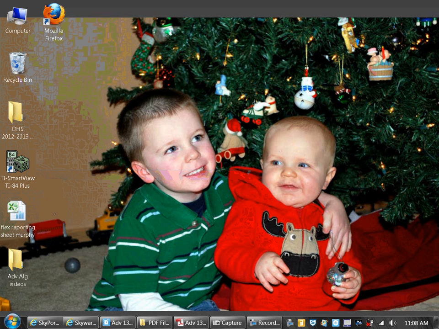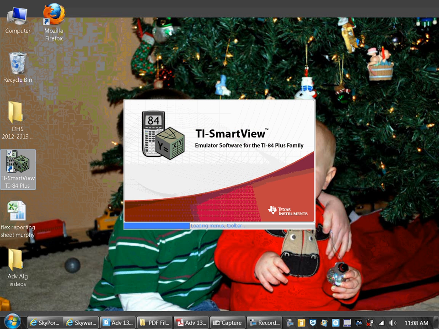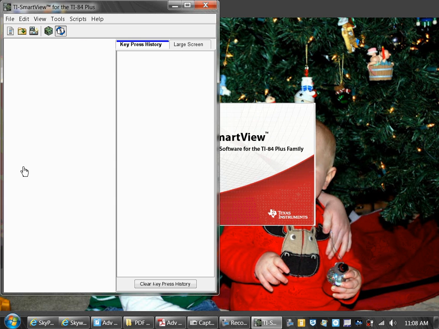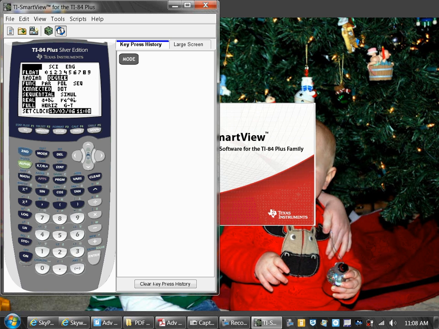Is this not opening? There you go. Remember how to check to see if you're in radians? Hit the mode button. I'm just taking a second to load this up here. I want to show you that it does work. Remember, hit mode, make sure you're in radians.